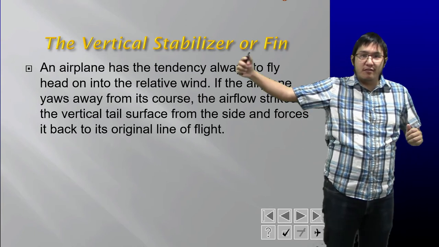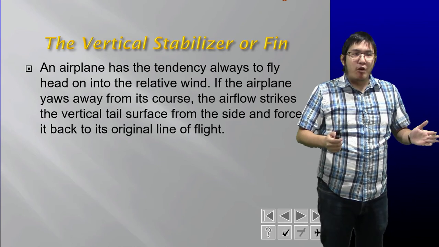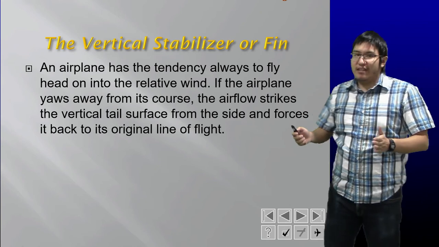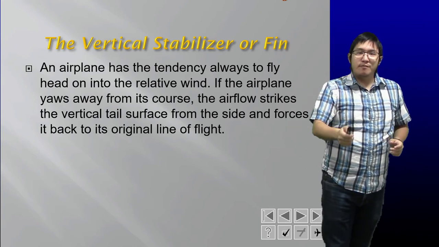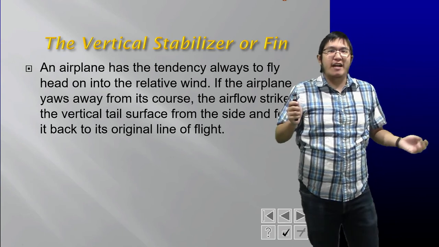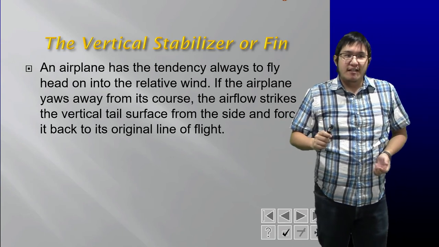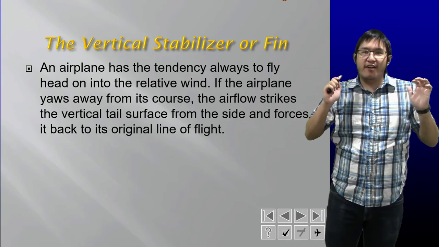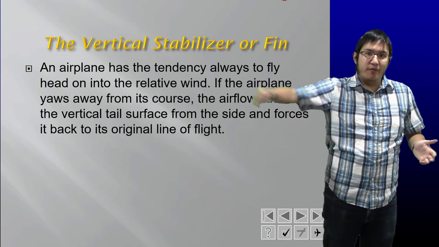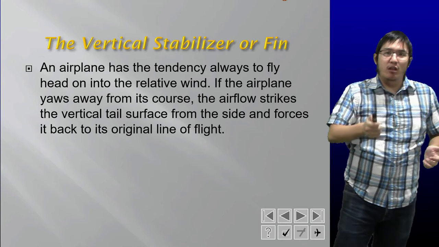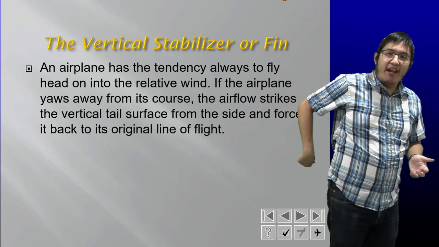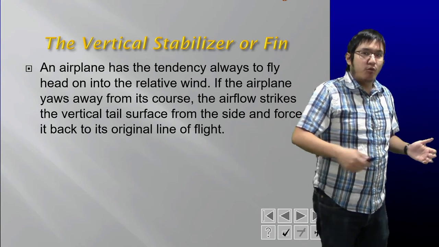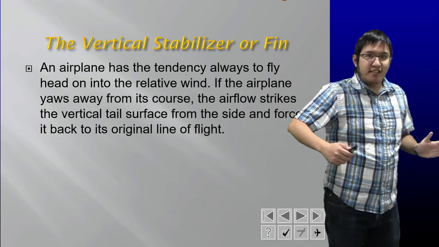So if we have a crosswind, for example, the aircraft wants to turn in the direction of the wind. This is because of the surface area of the vertical tail surface. Whenever we have airflow coming from the side, it is exposed to a lot more surface area from the tail than the rest of the aircraft, which will push the tail and swing into the wind.